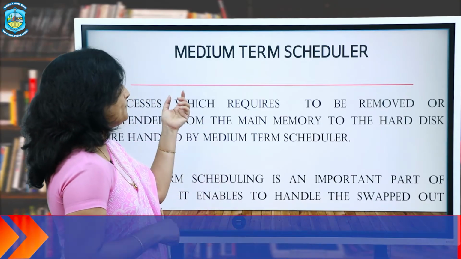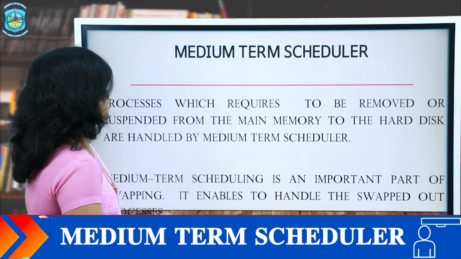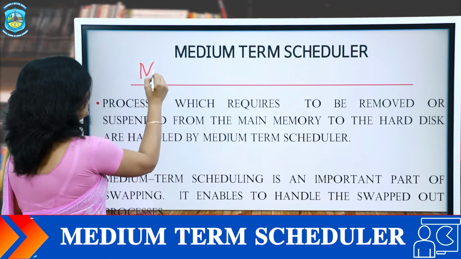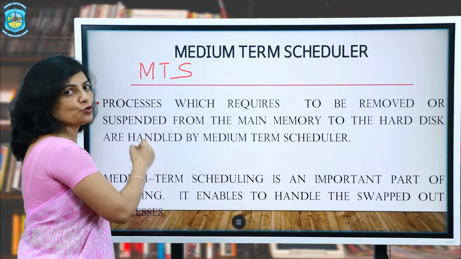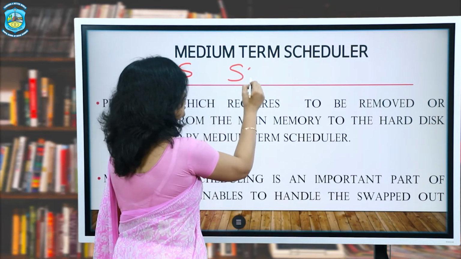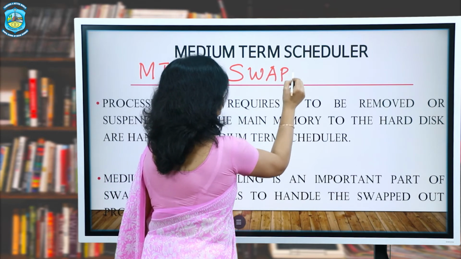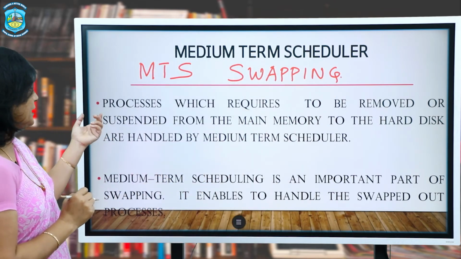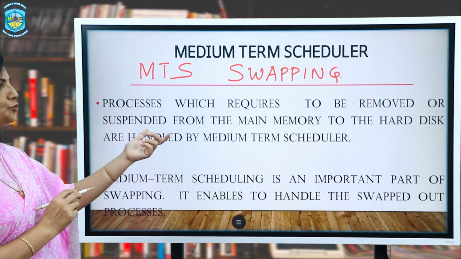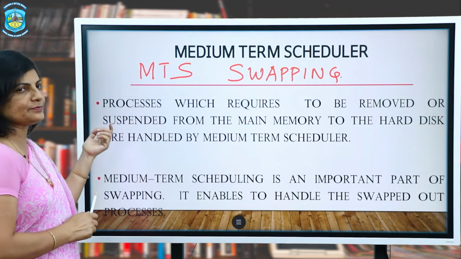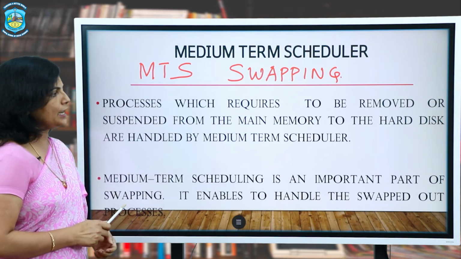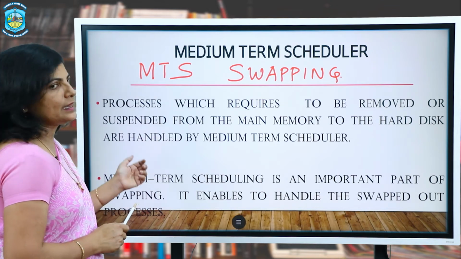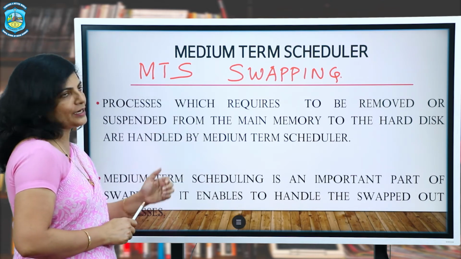Next is the medium-term scheduler, abbreviated as MTS, also known as the swapping scheduler. Processes which need to be removed or suspended from the main memory to the hard disk are handled by this scheduler.